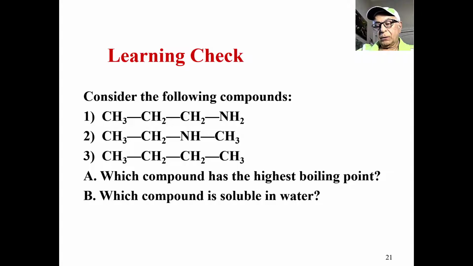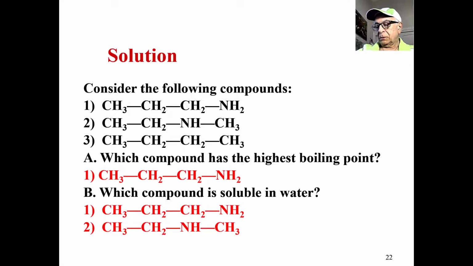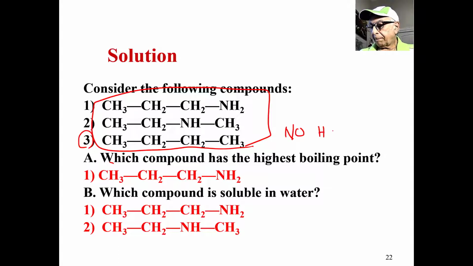All right, thanks for coming back. Let's see, which one of these compounds has the highest boiling point? Well, let's check. This has no hydrogen bonding. This one has one hydrogen on nitrogen, so one H bond.